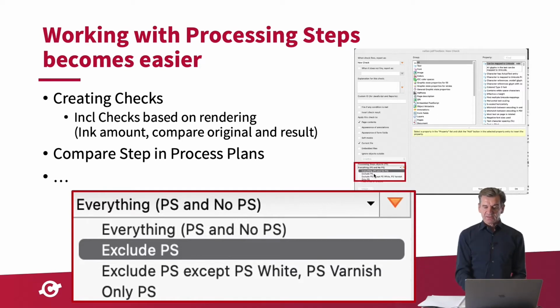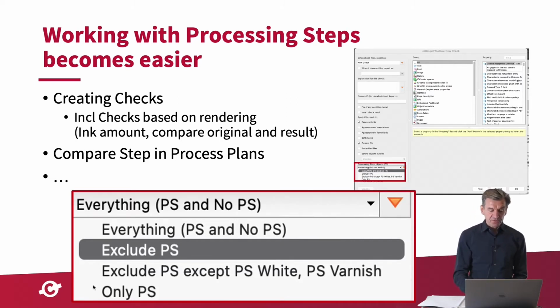There is on the left-hand side in the check editor a new pop-up, and that lets you specify how the engine should deal with objects on the processing steps layer. You can say check everything, processing steps and not processing steps, exclude all processing steps objects, or exclude all processing steps objects except white and varnish, because it may make sense to double check a line width on the white form or the varnish form as well.